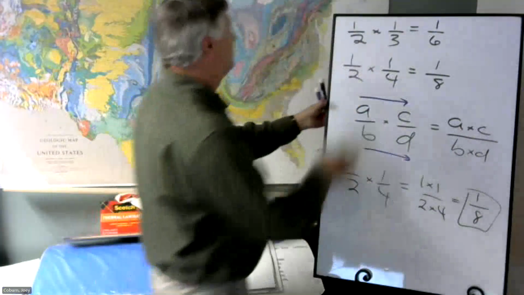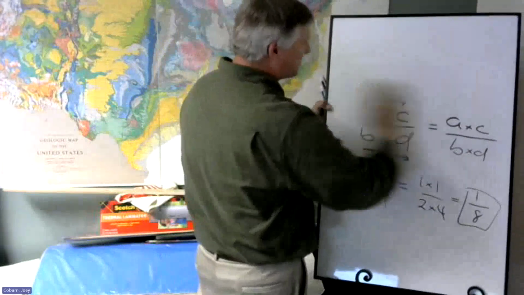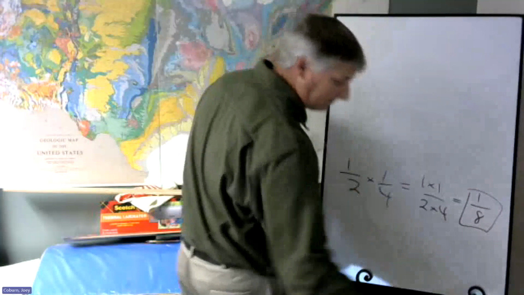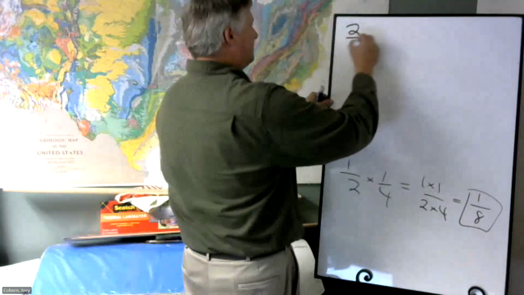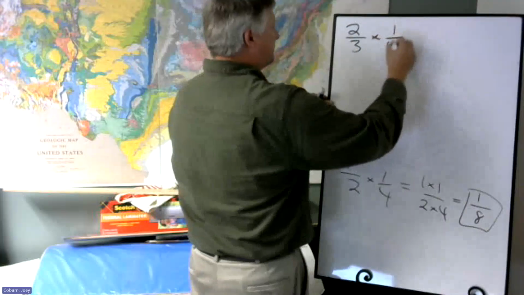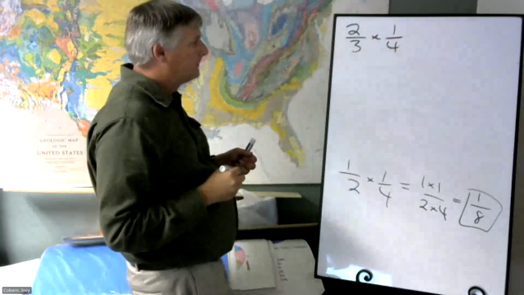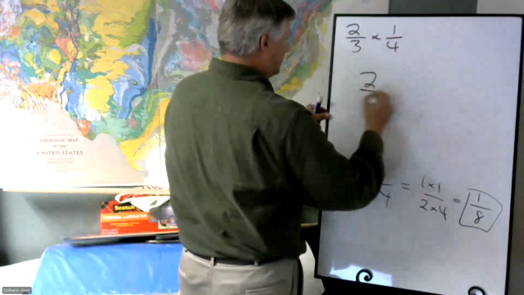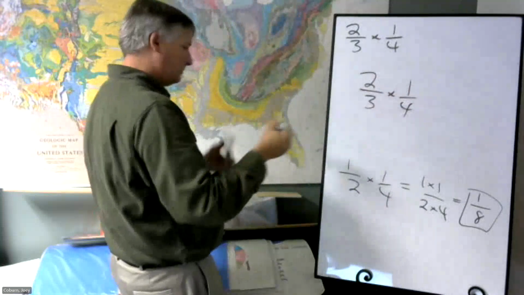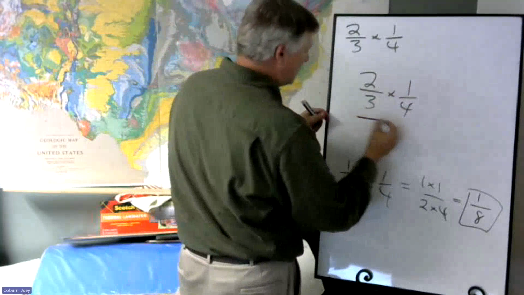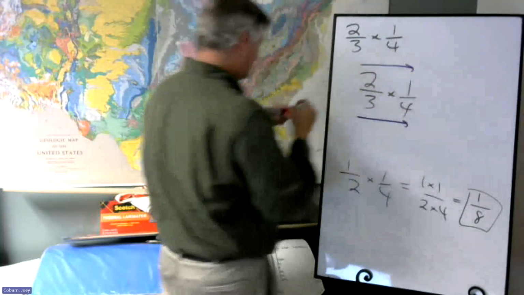Now, you sometimes can have more work. So, for example, 2/3 of 1/4. Well, same thing. Multiply across.